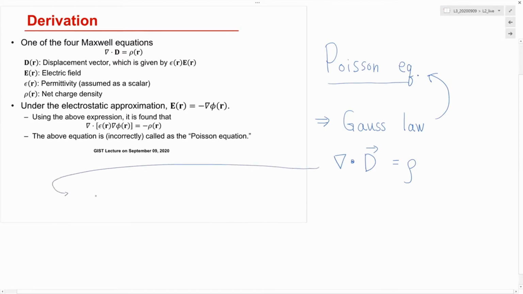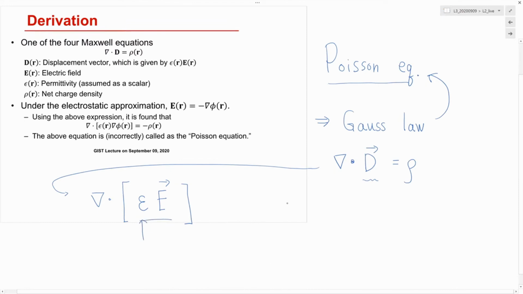The first one: the displacement vector should be interpreted in this form. When the permittivity epsilon is a scalar, then we can write it in this form.